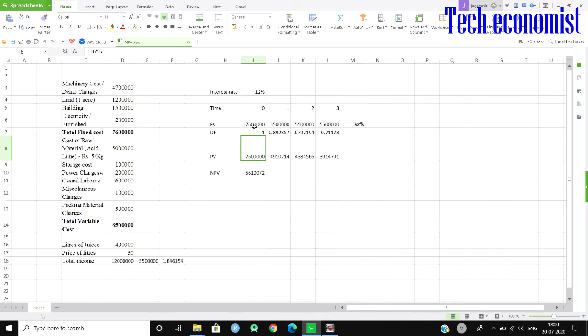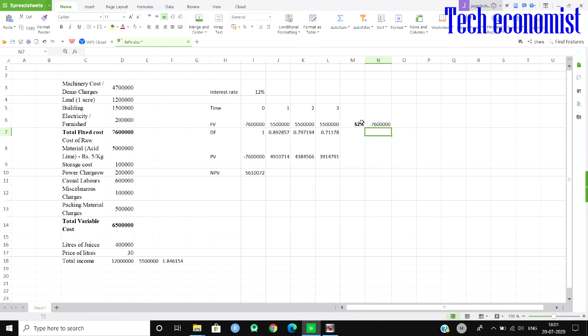Here you can see the formula I've given: 1 divided by 1 plus r power 5. So this is the future value divided by 1 plus r, where r is our interest rate, to the power of the year, which is our time period.